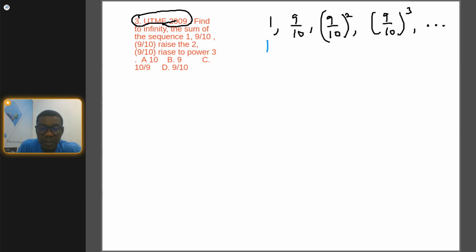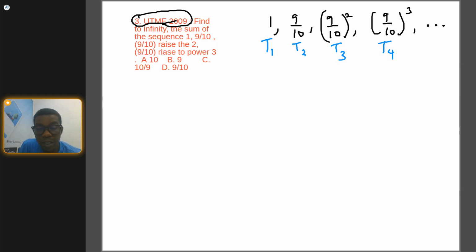First, you need to identify that this is the first term, the second term, the third term, and the fourth term. So we are given 4 terms. Now, how do we solve this? First, you need to know the formula of the sum to infinity.